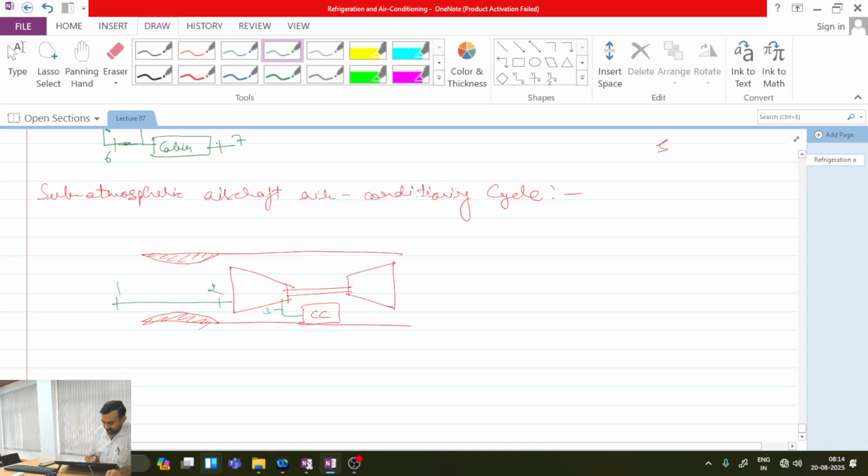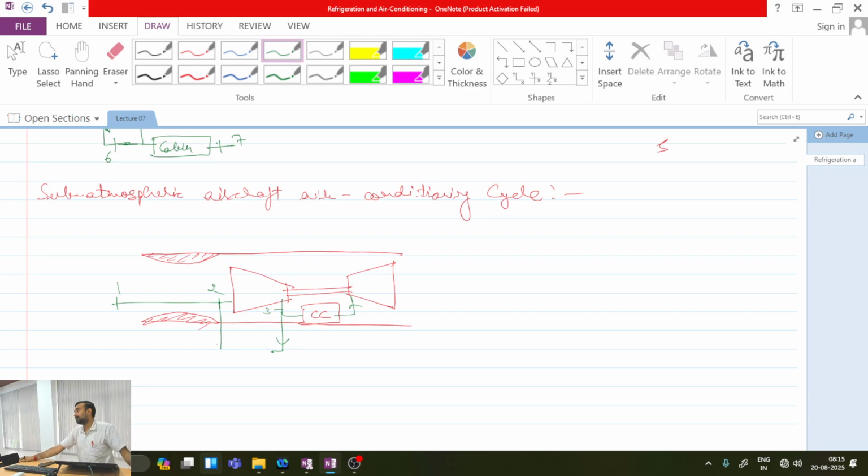This should be very clear to you now because we have drawn this multiple times. What I am having over here is ram air, which is coming at pressure P2 and temperature T2.